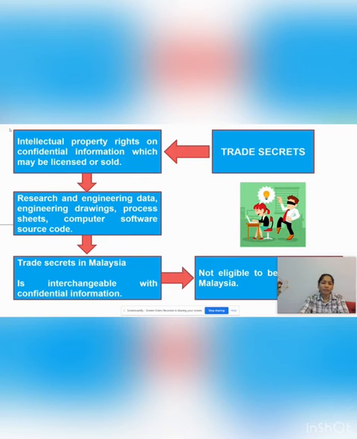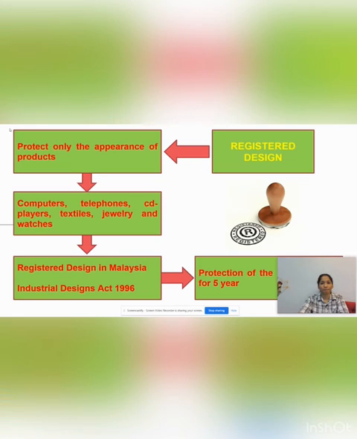In Malaysia, the term trade secret is interchangeable with confidential information, with the latter term officially recognized in Malaysian law. Trade secrets are not eligible to be registered in Malaysia. However, one can take legal action against others should their trade secret be exploited.